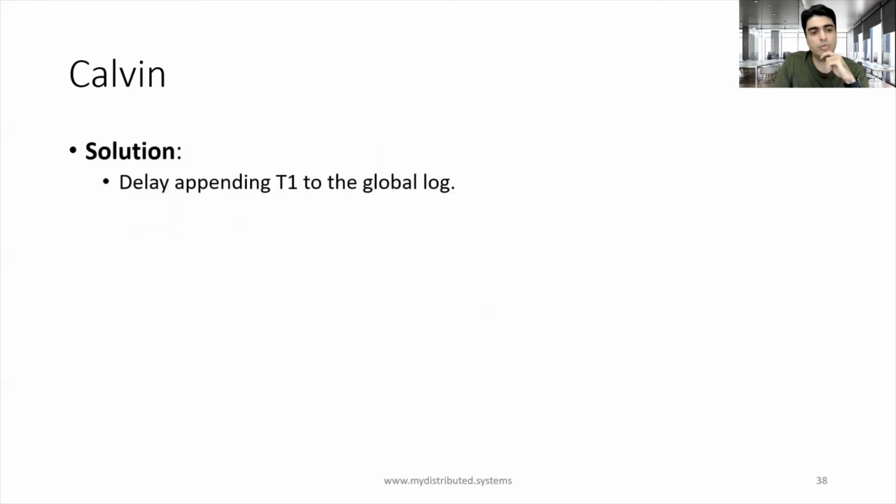So the Calvin solution to this problem is that we should delay appending T1 to the global log. Whenever we see a transaction that needs to read many keys, we have to delay appending this transaction to the log.